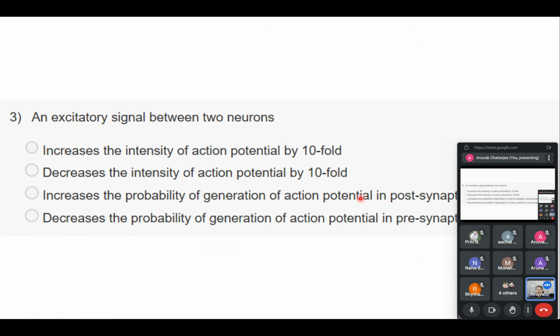So this was about spatiotemporal summation of neuronal signals. It increases the probability of generation of an action potential in the postsynaptic neuron. One excitatory signal is probably not enough to initiate an action potential, but it increases the probability that there will be an action potential.